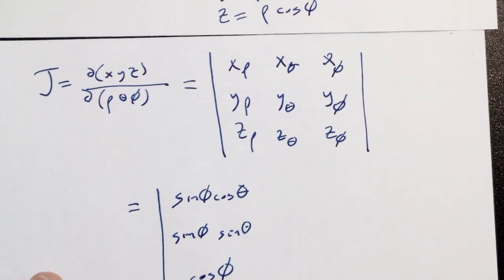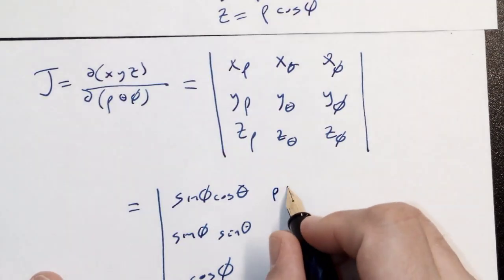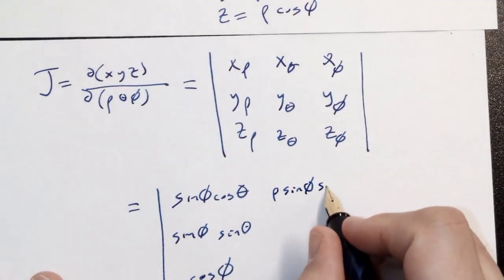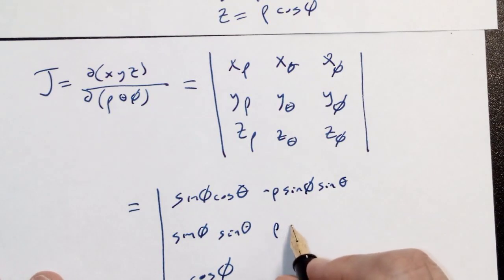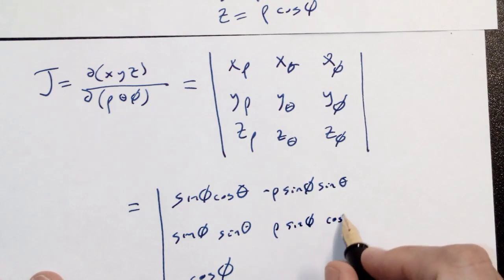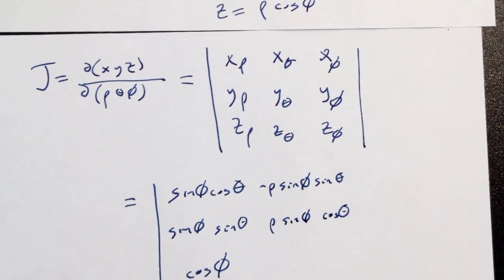What's the derivative of cosine theta? So I get rho sine phi sine theta with a negative sign. The derivative of y, the derivative of sine theta, rho sine phi cosine theta. But z is rho cosine phi. What's the derivative with respect to theta?